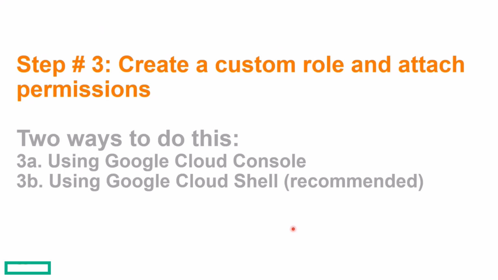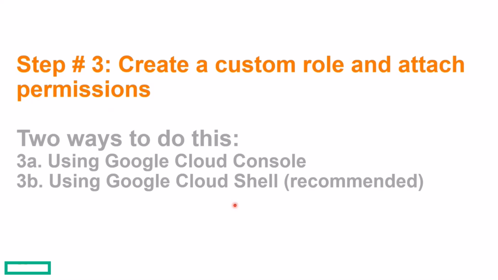The third step is to create a custom role and attach the permissions. So there are two ways to do this. You can either use the Google Cloud Console to create this custom role and add permissions, or you can use Cloud Shell, which is the CLI that's available on the Google Cloud Console, to create the custom role.